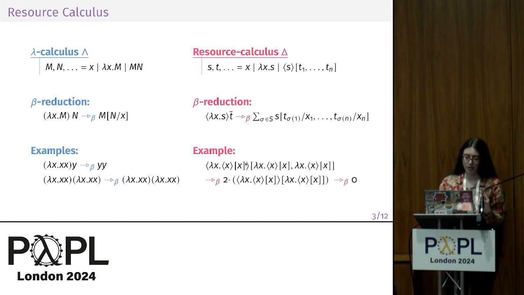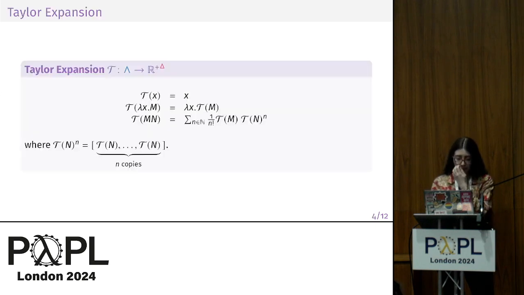For example, if I try again to apply the duplicator to itself twice, I get the following term, and I have a coefficient 2 here because I have a choice, as I have 2 x's, but they are matching to the same thing. If I try to reduce it again, I get 0, because this time I still have 2 occurrences of x, but I have only one term in my multiset, so no matching is possible.